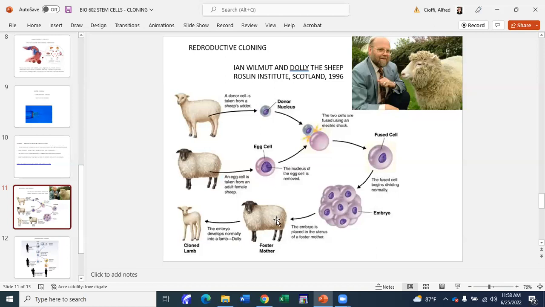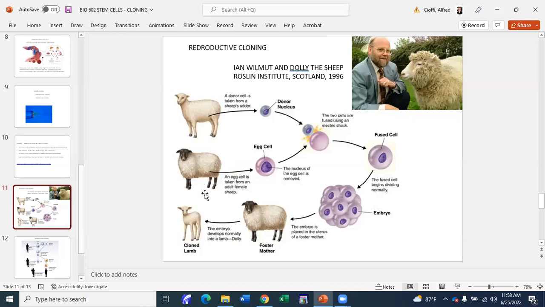And then they just wait out the gestational period, which I don't know how long it takes for a sheep to develop the embryo, but whatever time it takes. And she will give birth to Dolly. Okay. Now, let me go back here.